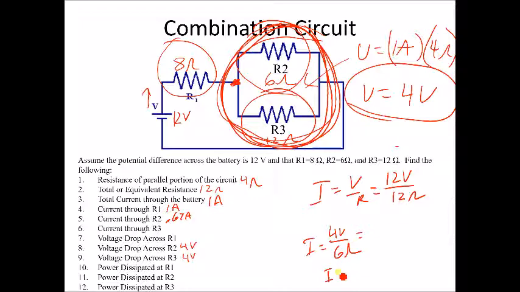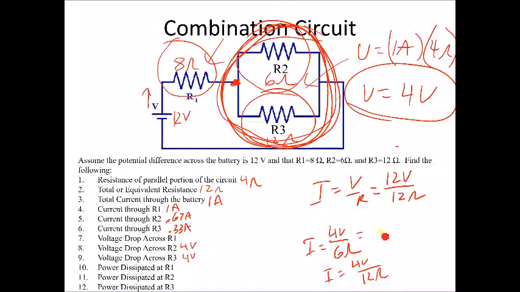I is going to be equal to the voltage drop, 4 volts, divided by the resistance of R3, 12 ohms. So that's 1/3 or 0.33. And note that 0.67 plus 0.33 add up to be the total amount of current through the circuit, which is 1 amp.